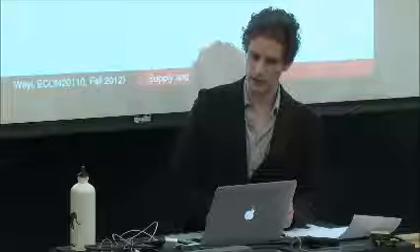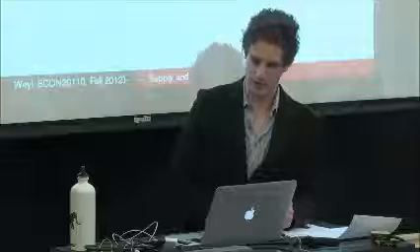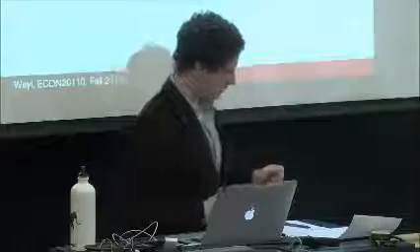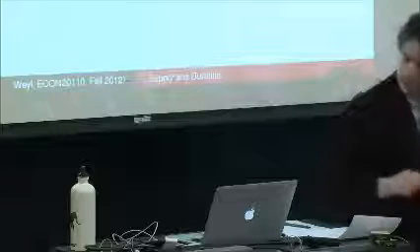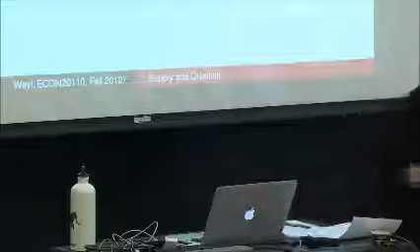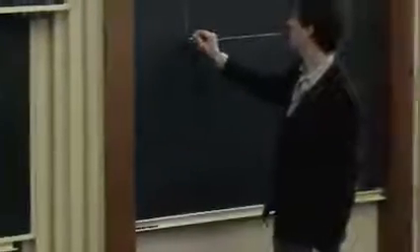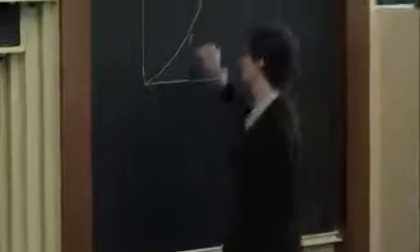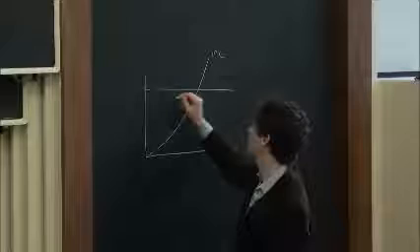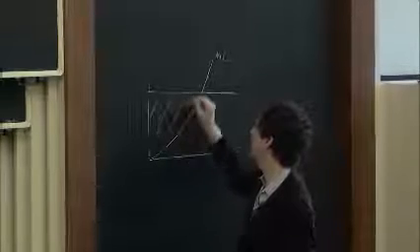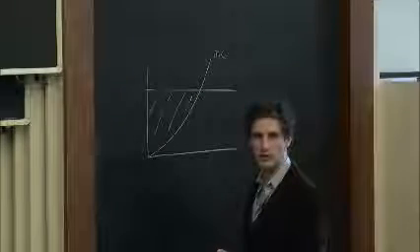There's another way that we can do this, which is, let me just draw this out. So imagine I have a marginal cost curve like that. That's the price. So we know this area is producer surplus.